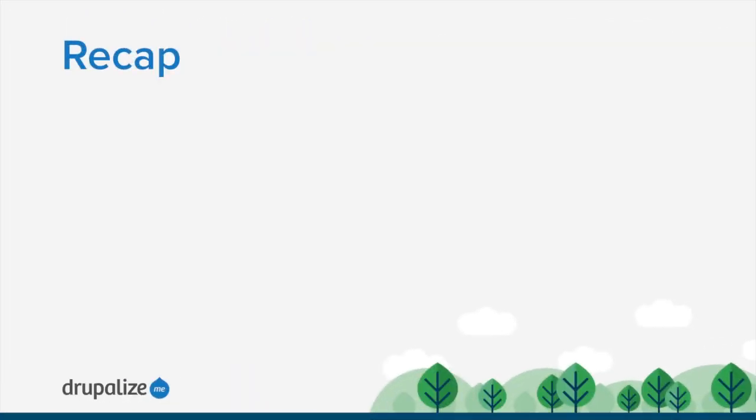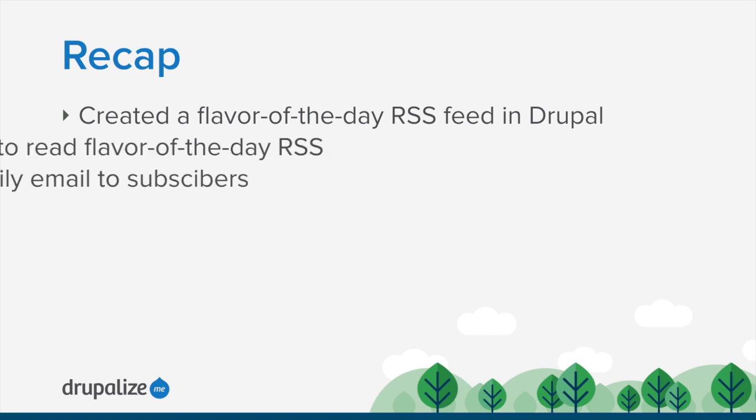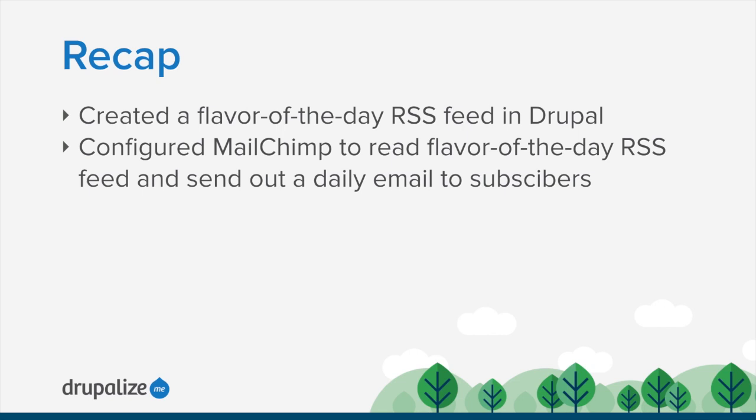In this tutorial, we looked at ways to automate the campaigns that we're sending with MailChimp. We've got an RSS feed in our Drupal site that lists the flavor of the day content that editors add to the site. And so we were able to configure MailChimp to read that RSS feed and send out a daily email with the information that it extracts from that feed.